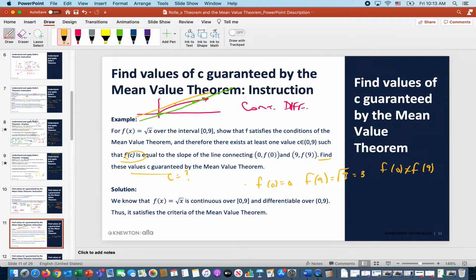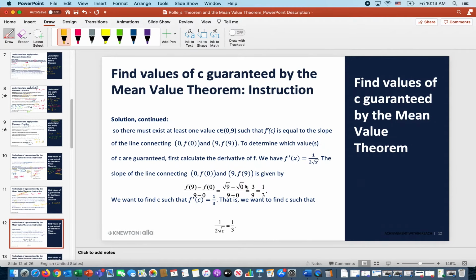So what we're going to do is apply the mean value theorem. And here's where we do that. We take the derivative. The derivative of the square root of x is equal to 1/2 x to the negative 1/2, or 1/2 square root of x. And that's what they've listed right here. We're going to take that derivative and set it equal to something.